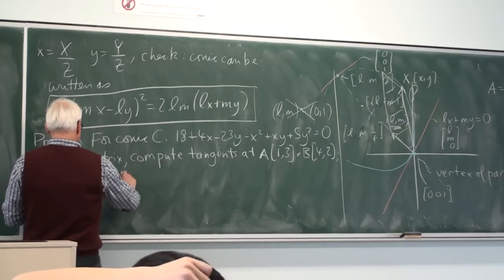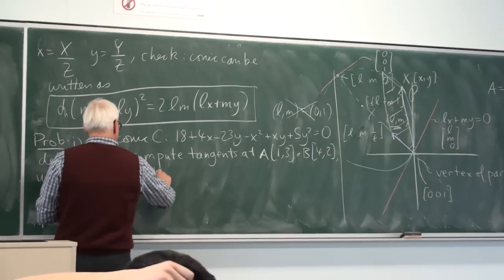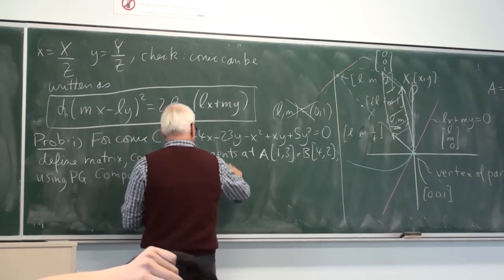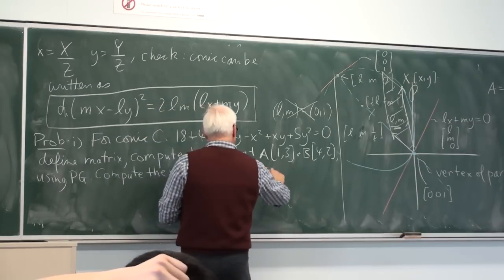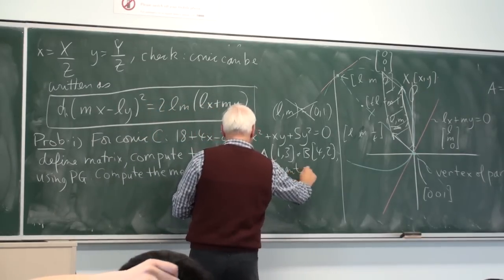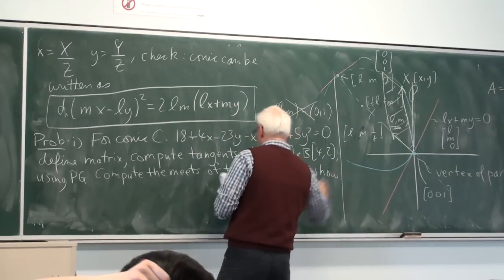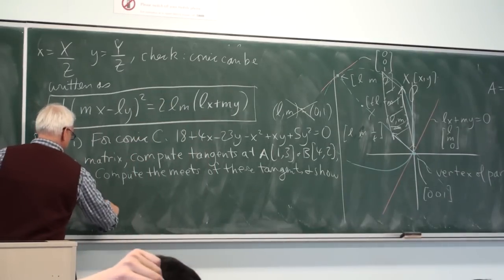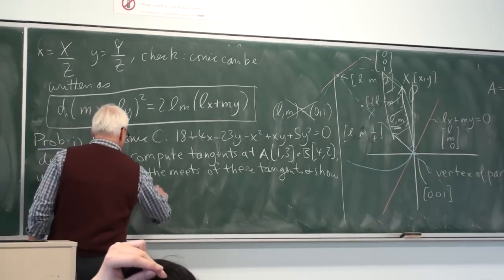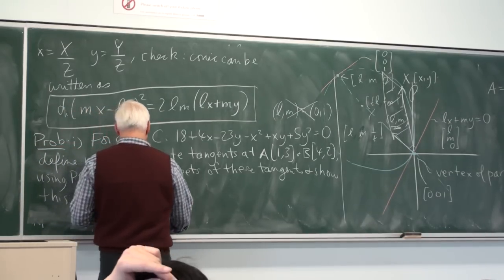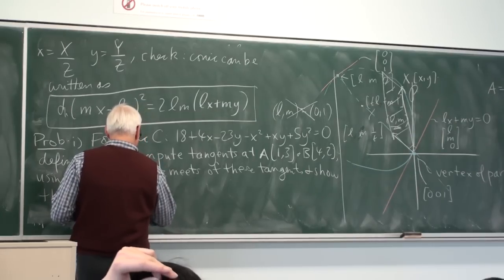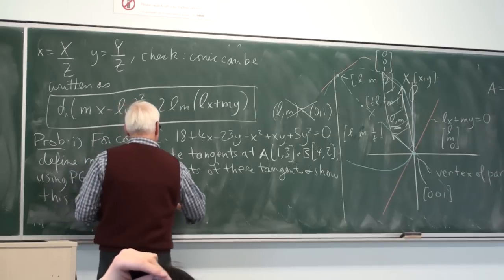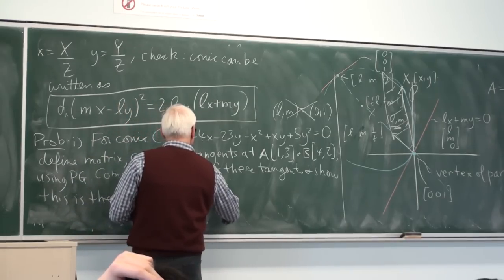Compute the meet of these tangents, and show this is the pole of AB with respect to the conic C.